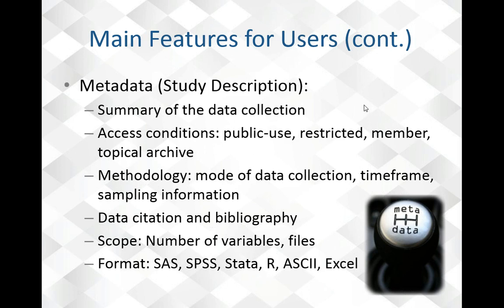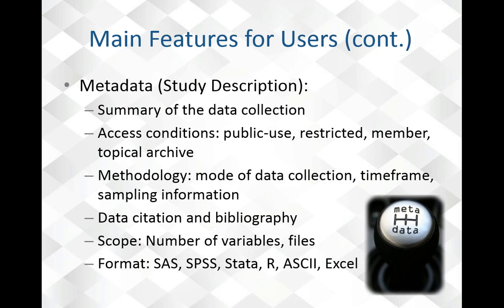One incredibly useful feature is the metadata, which is also known as the study description. The metadata generally contains what people need to know about the dataset, like the summary of the data collection and the access condition, meaning whether the data is available for public use, restricted use, or memory only.